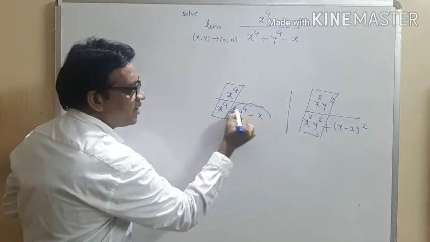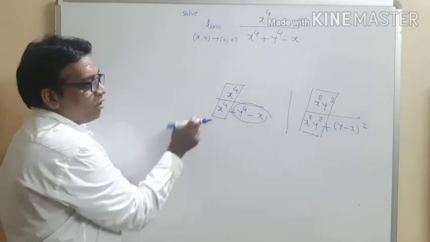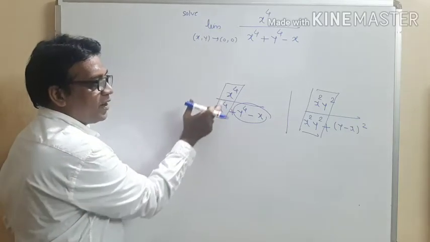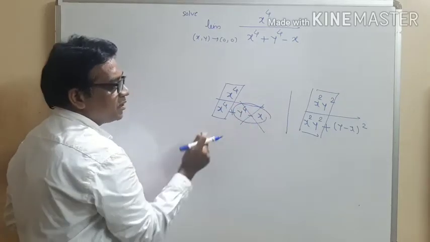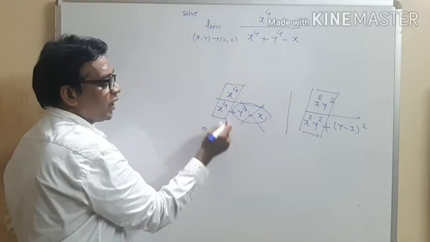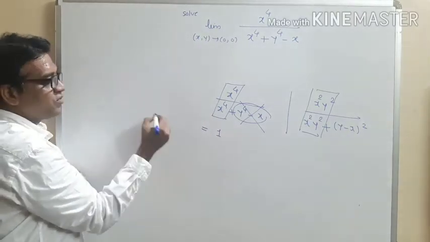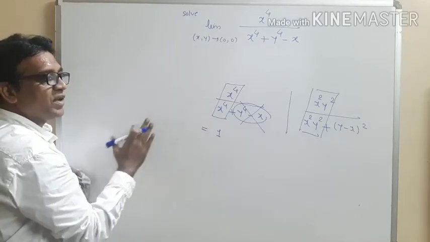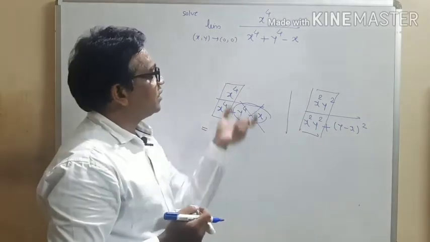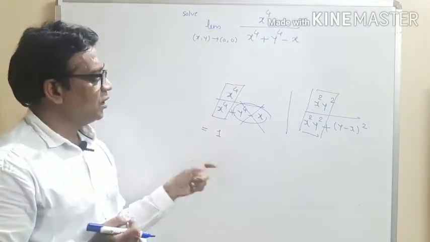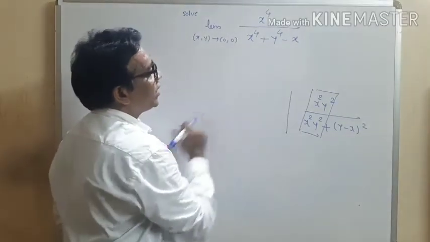Now if we cancel the remaining term, then we get x raised to 4 upon x raised to 4, that is 1. So the limit along the third path is 1. So we can say that the limits are different, so the limit does not exist. So see how to get this third path. This is some typical function. One term from numerator and denominator is the same, x raised to 4 and x raised to 4.